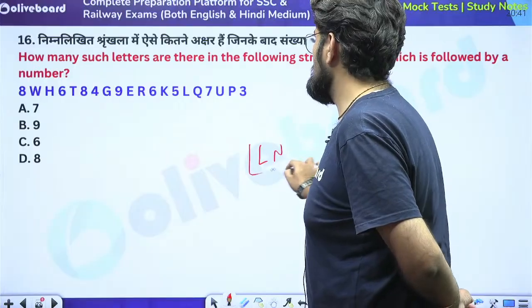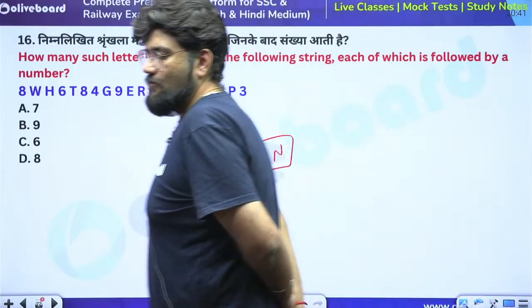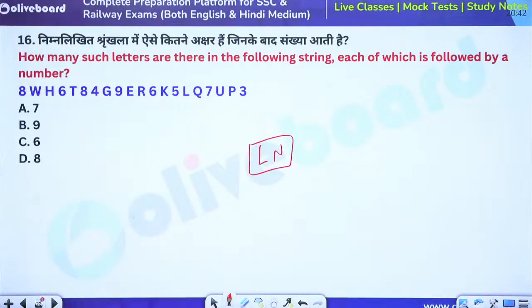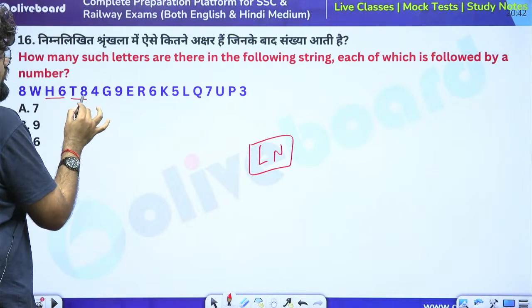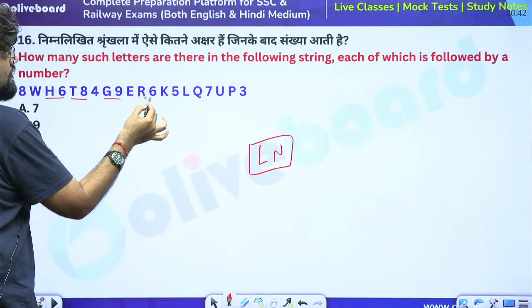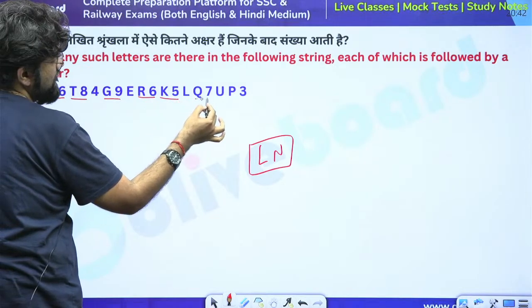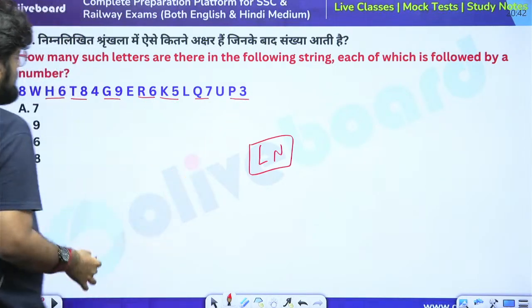That's all they want from you. Pair of letter number, nothing else. Whether it is followed by something or preceded by something does not matter. So letter number 1, letter number 2, letter number 3, letter number 4, letter number 5, letter number 6, letter number 7.